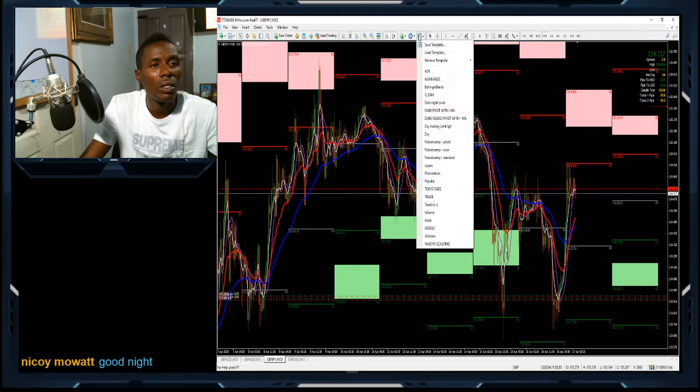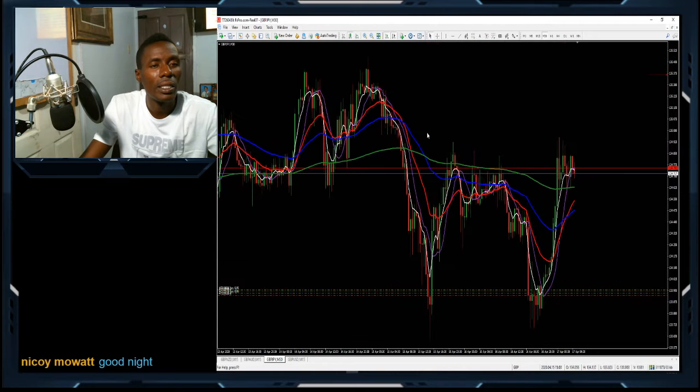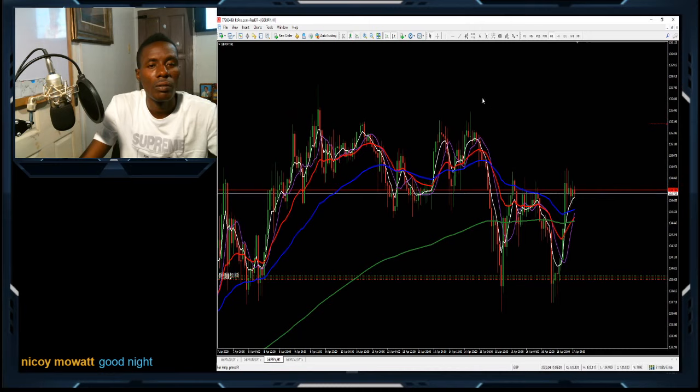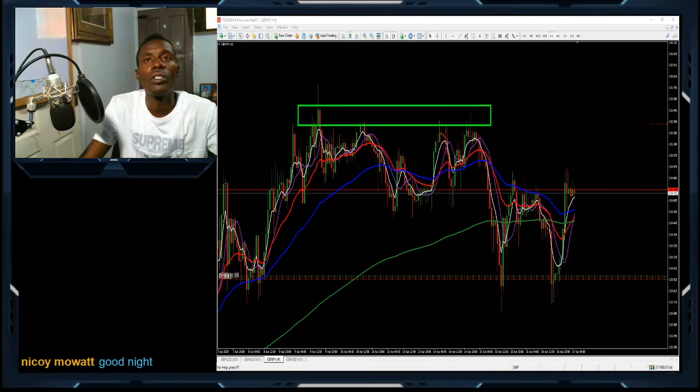No pivots, just raw price action. Straight price action, right? Now, change the color.